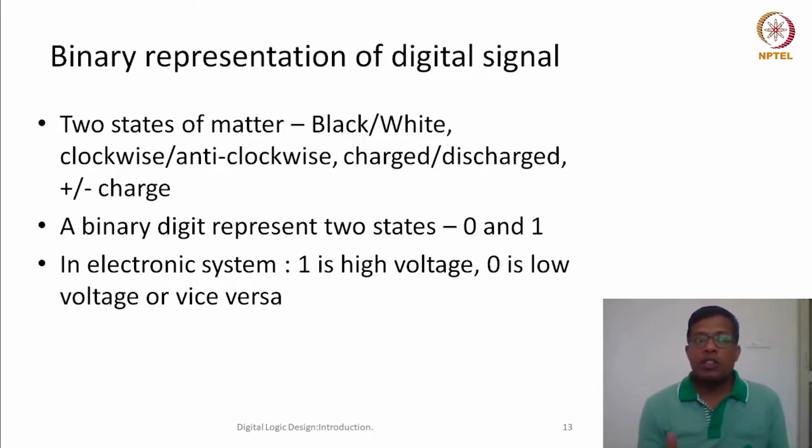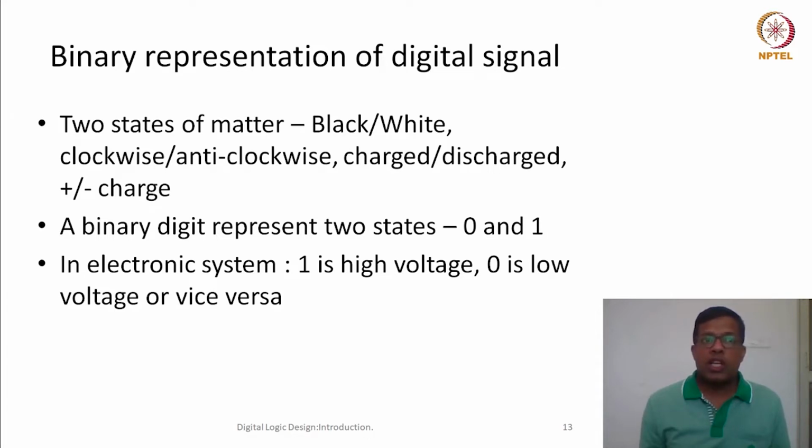Similarly, electrons or protons either rotate clockwise or anti-clockwise. Charged particles are either positively or negatively charged. Magnets have two poles, north and south, and all materials can be divided into two classes: magnetic or non-magnetic.